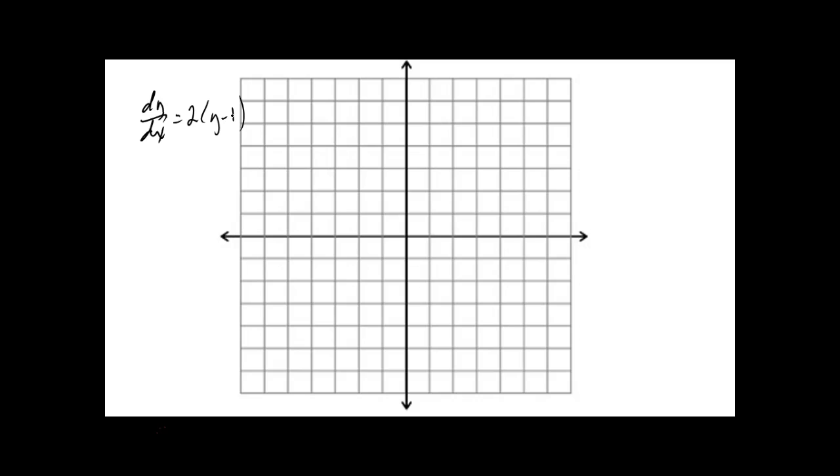Looking at that, I hope it becomes pretty obvious that anywhere y is equal to 1, the derivative is 0, meaning it's horizontal. So every point here, and I'm just doing the hatch marks where the grid lines are, but anything in between, these are all horizontal.